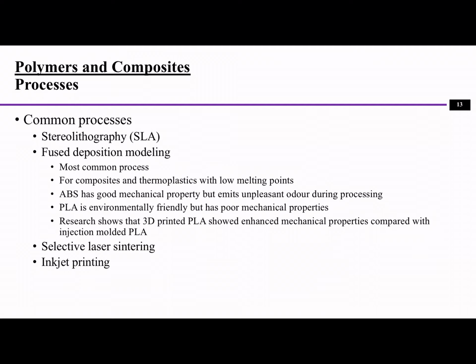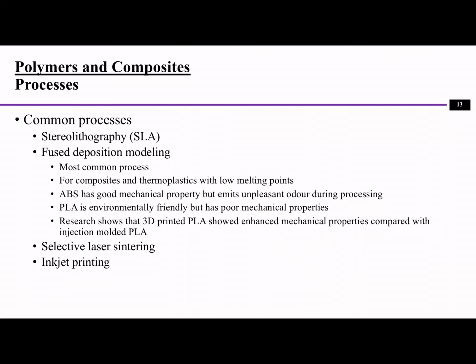And the processes being used a lot in polymer and composites processing are stereolithography, fused deposition modeling, selective laser sintering, and also inkjet printing, right? These processes we'll talk about in the last lecture.